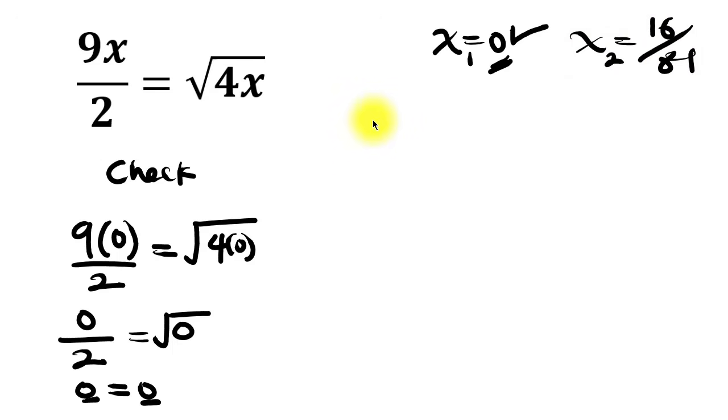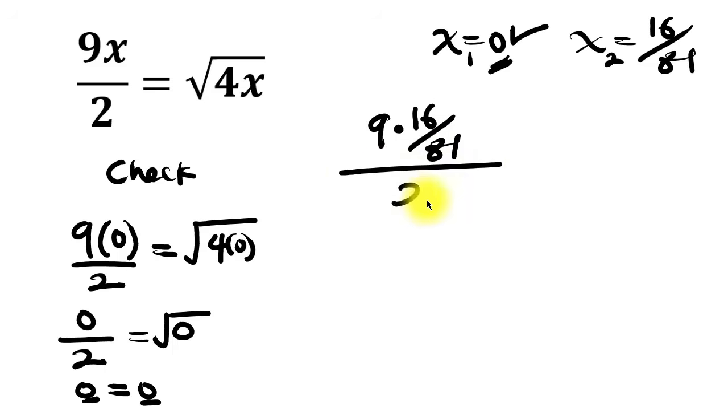Now let's check for when x is equal to 16 all over 81. So this is 9 times x, which is 16 all over 81, all over 2. That's for the left-hand side. This is equal to the square root of 4 times x, which is 16 all over 81.